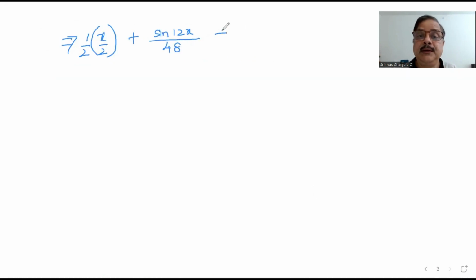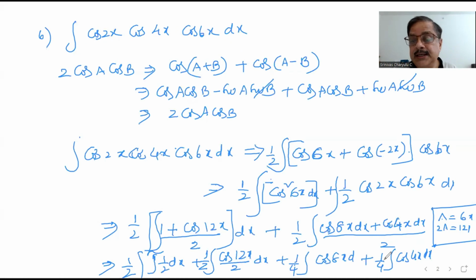Here, plus sin 8x by 32. That is cos 8x integration, sin 8x by 8, that 8 into 4. This one, sin 4x by 4, so sin 4x by 16 will come.